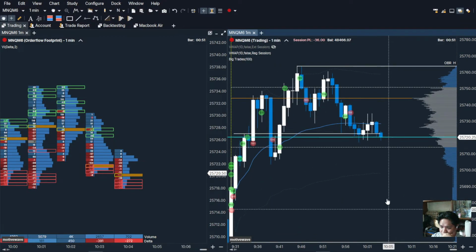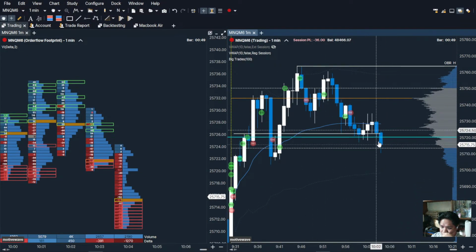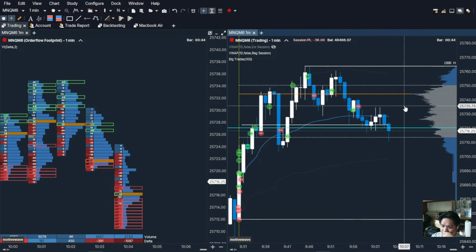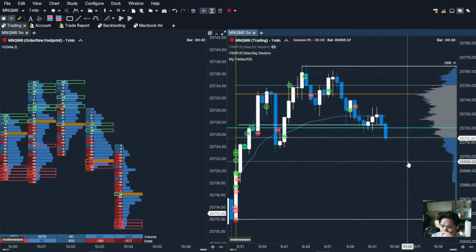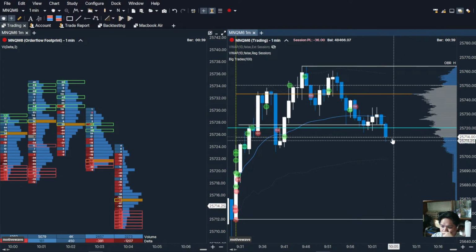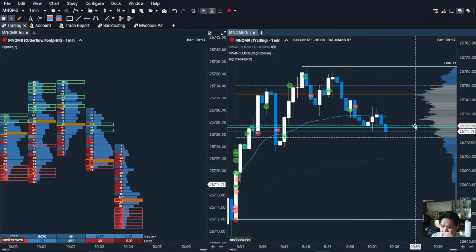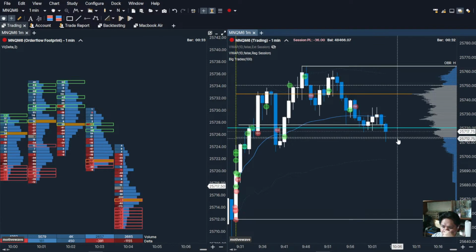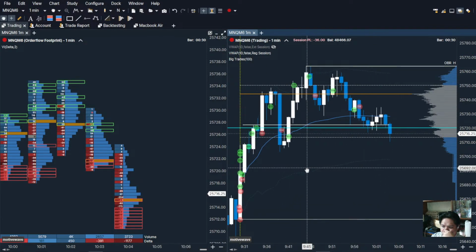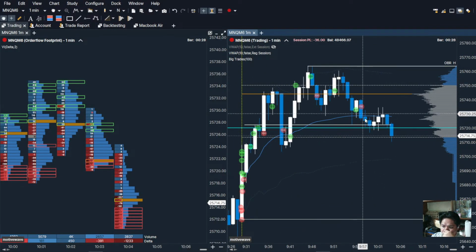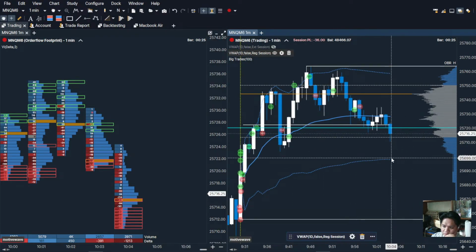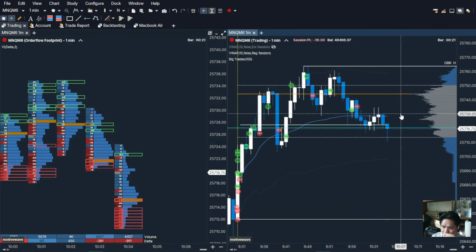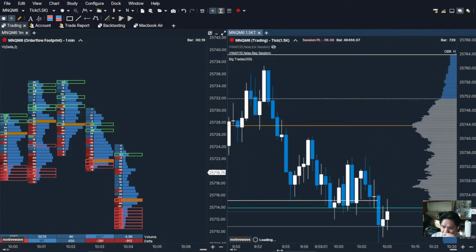So right now, to me, if this holds, we can then go up. Sellers are getting absorbed. Frankly speaking, if we're going short, I want to see it break below this value area low. If not, we're not going anywhere.